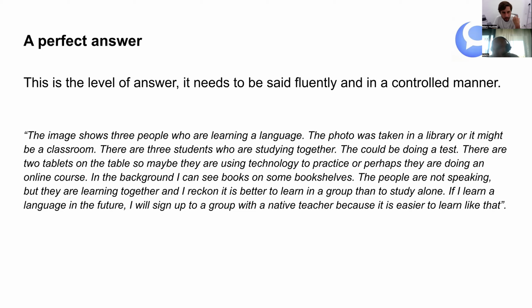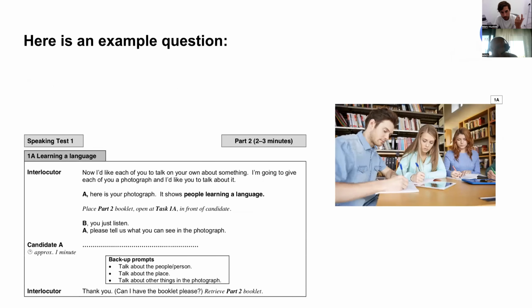De ningún modo digo que tiene que ser exactamente así, pero lo que tienes que hacer es meter algo de gramática compleja y que respondas al tema utilizando la imagen. El tema es people learning a language. No tiene importancia la ropa que llevan, ¿vale? Hay que pensar en la cosa que tiene importancia. Ya está. So, Miguel, it's your turn. Can you please turn on your microphone? And you're going to have a go. Okay.